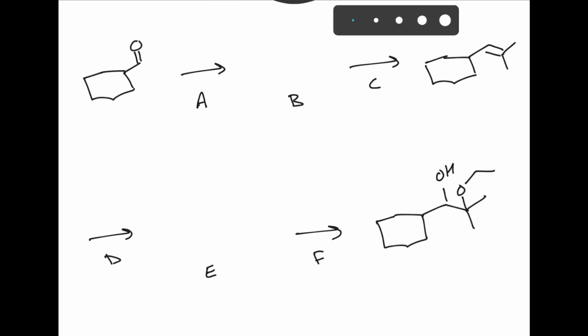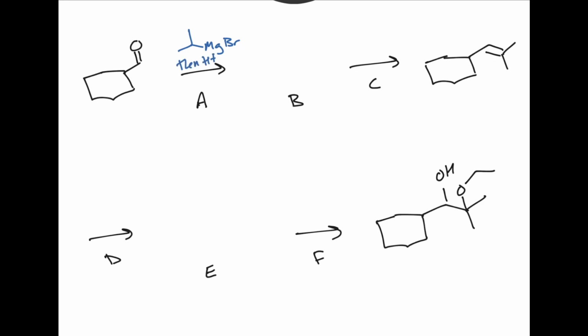So that can be, again, our tried and true isopropyl magnesium bromide. What kind of alcohol am I going to make? Can I make a secondary alcohol? So I'm going to end up with an alcohol here.